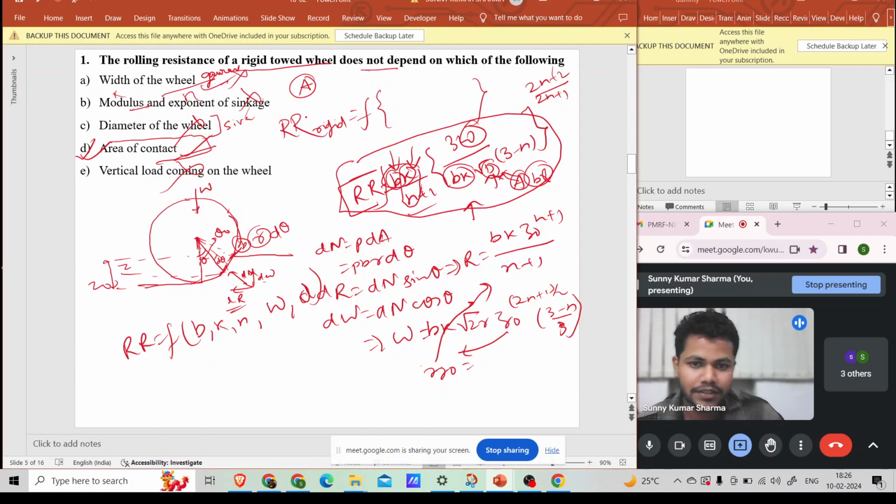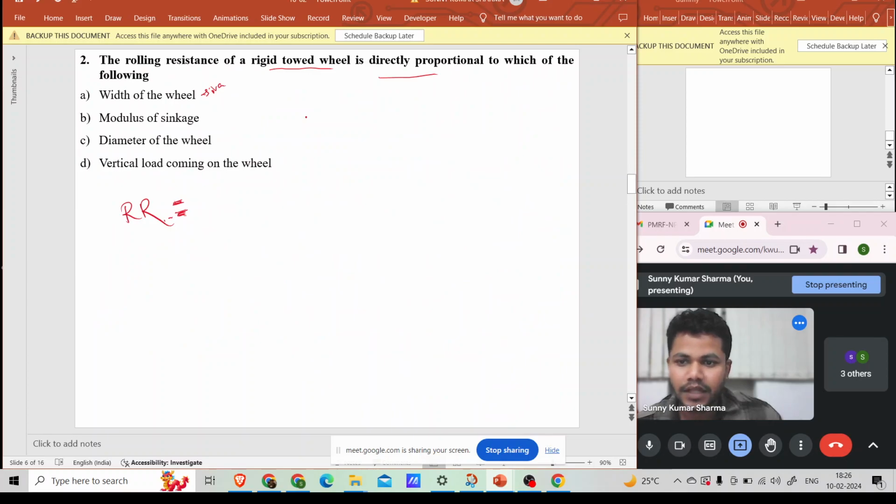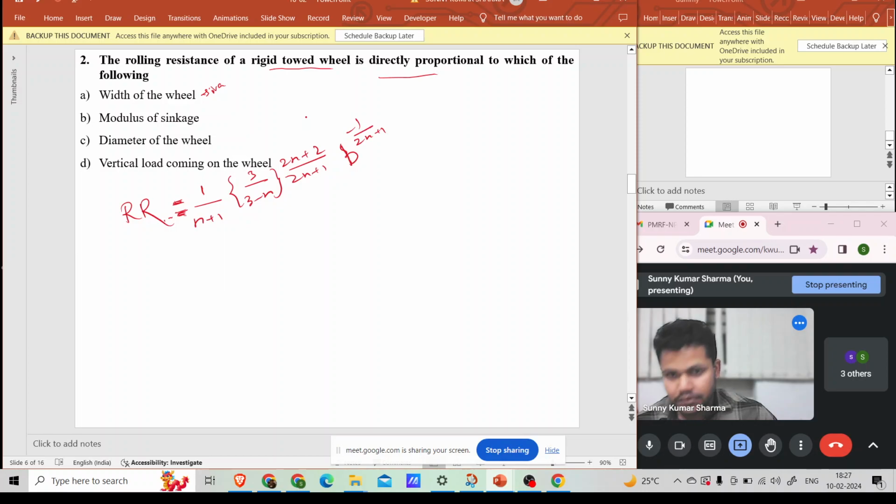If we simplify it in a single term, then rolling resistance will come as 1 by n plus 1, 3 by 3 minus n, 2n plus 2 by 2n plus 1, then B, that is width, to the power minus 1 by 2n plus 1, into K to the power minus 1 by 2n plus 1, into 2r, that is diameter, to the power minus n plus 1 by 2n plus 1.